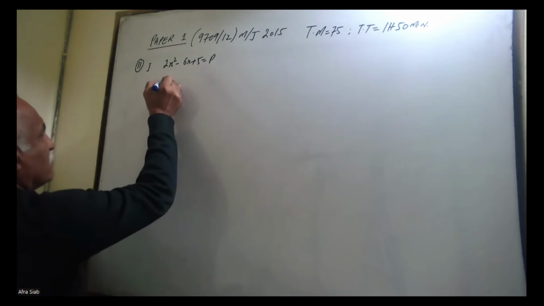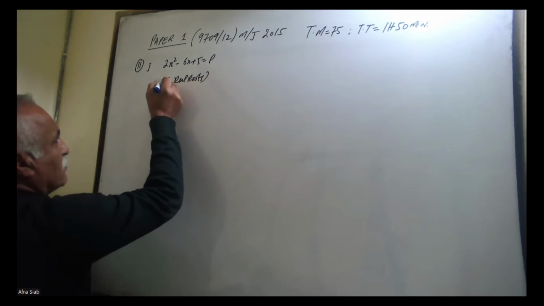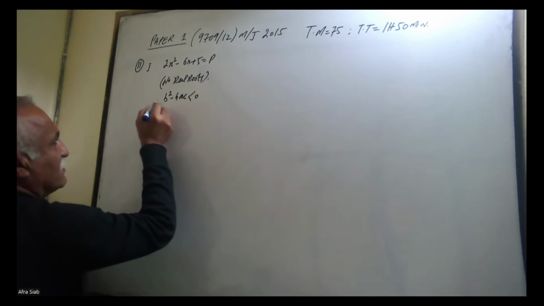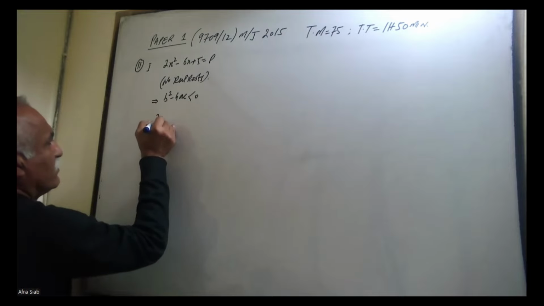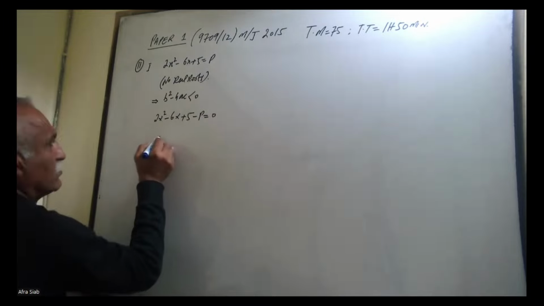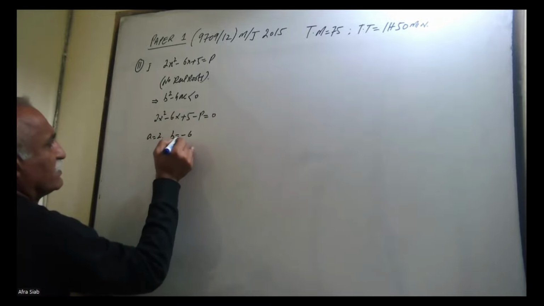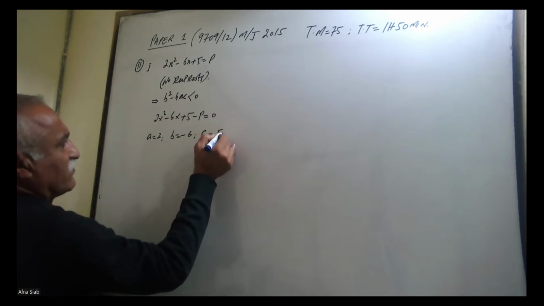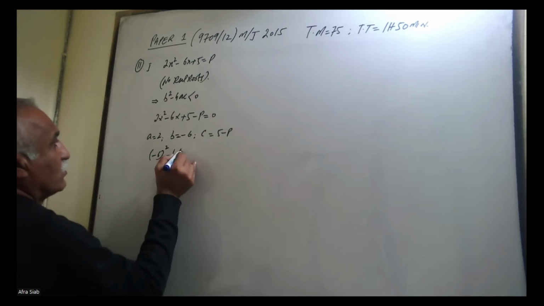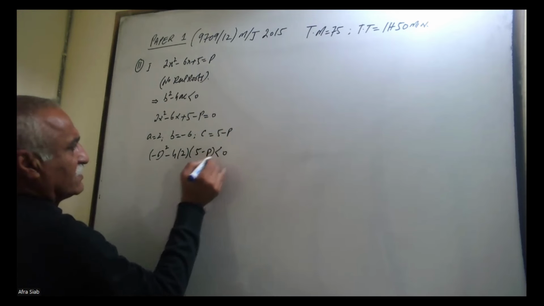So it has no real roots. That means b square minus 4ac is less than 0. So it will become 2x square minus 6x plus 5 minus p equal to 0. a is 2, b is minus 6 and c value is 5 minus p. So b square is minus 6 square minus 4 into 2 into 5 minus p, and that is less than 0.